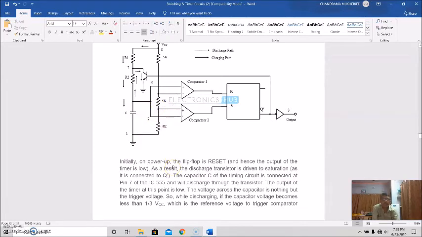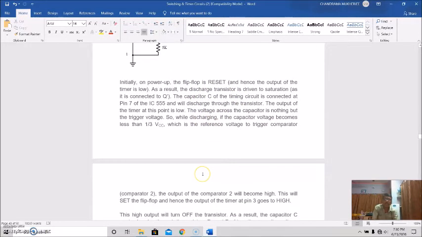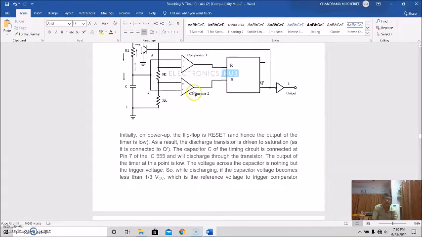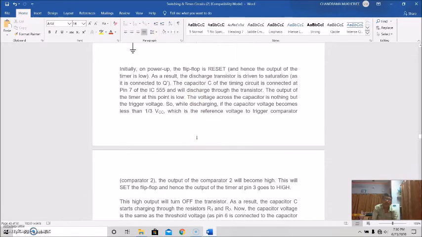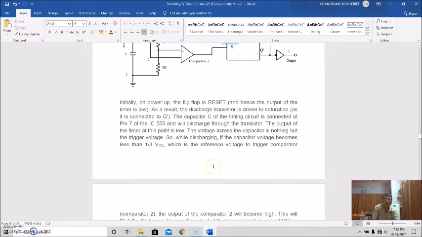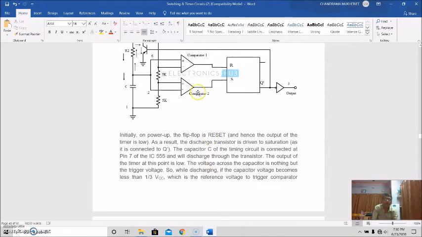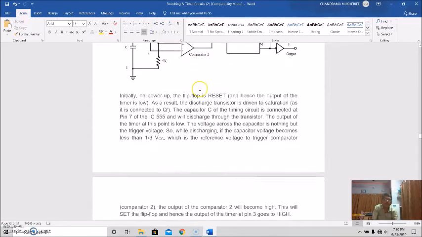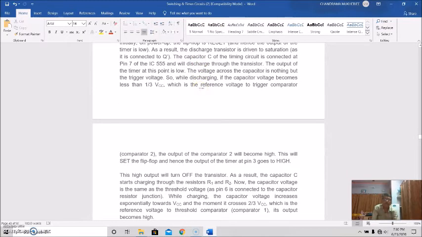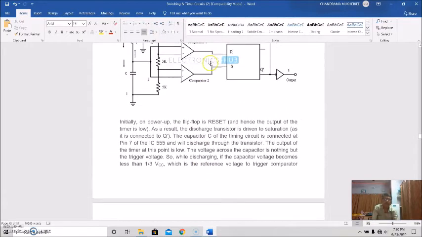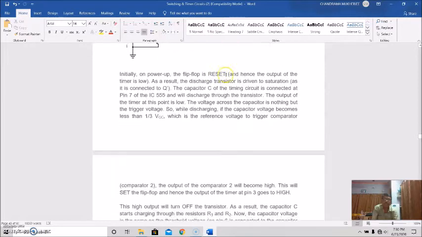While discharging, if the capacitor voltage becomes less than 1/3 of the supply voltage VCC, which is the reference voltage to trigger comparator 2, the lower comparator, the output of comparator 2 will become high, and this will set the flip-flop.